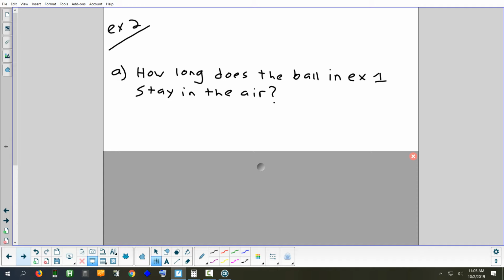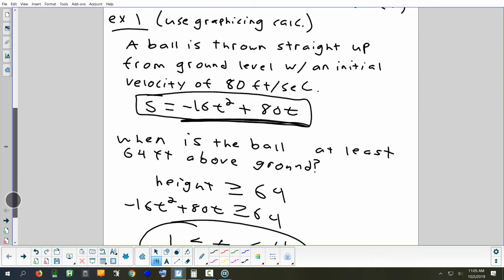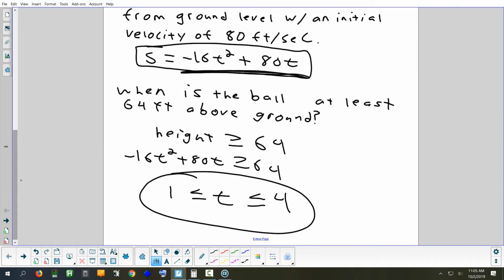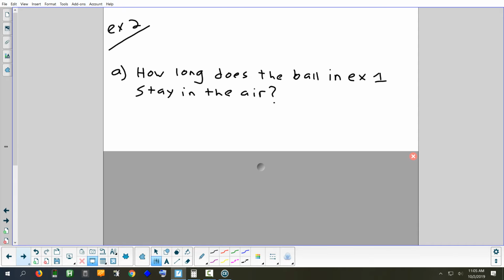So we're going to set up the same equation we just had, except instead of the height being greater than 64, do greater than 0. Don't do equal to 0, because when it's equal to 0, the ball is back on the ground. It has to be greater than 0.